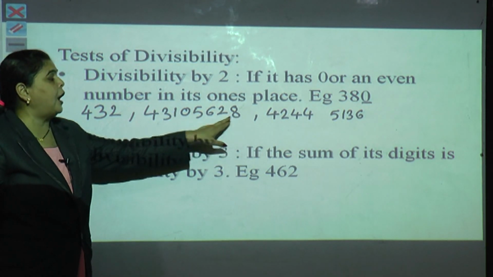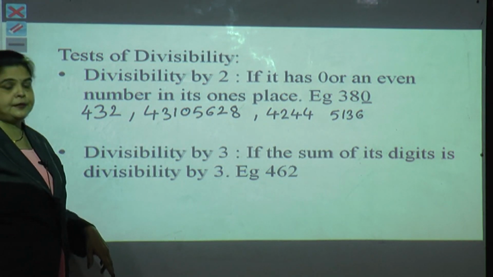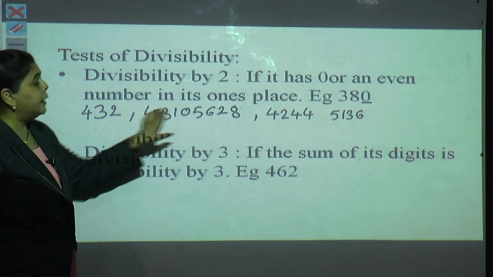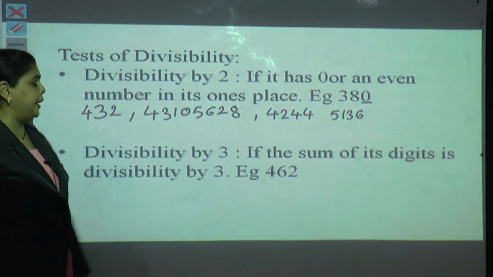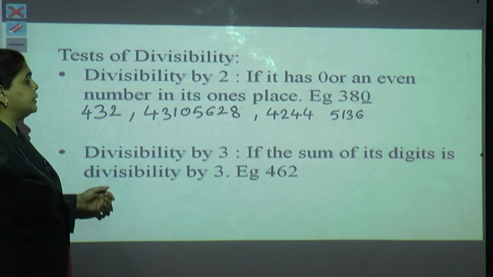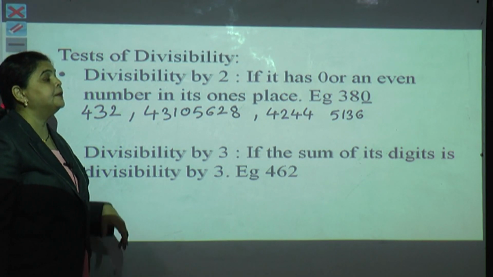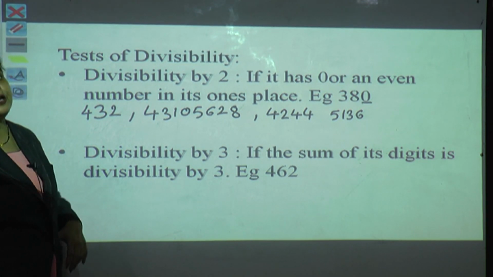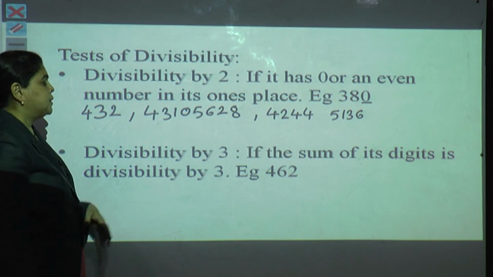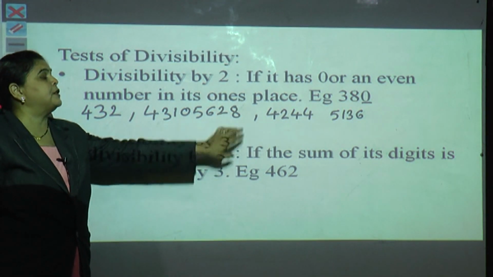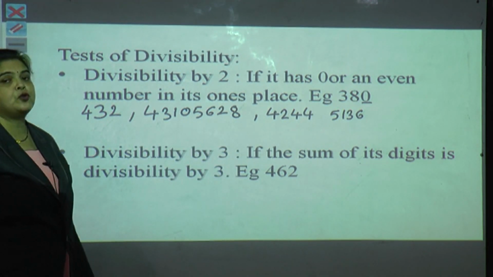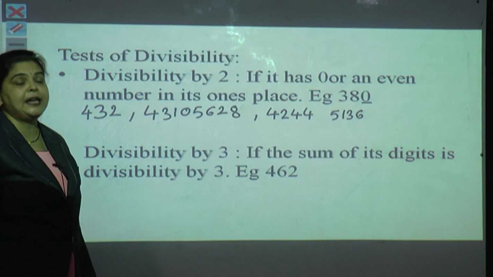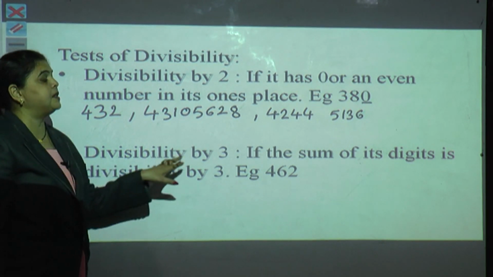In this way we have to add all the digits. Whatever total you get should be divisible by 3, or a multiple of 3. Suppose the sum is 21, then also 2 plus 1 is 3, so this number is divisible by 3.